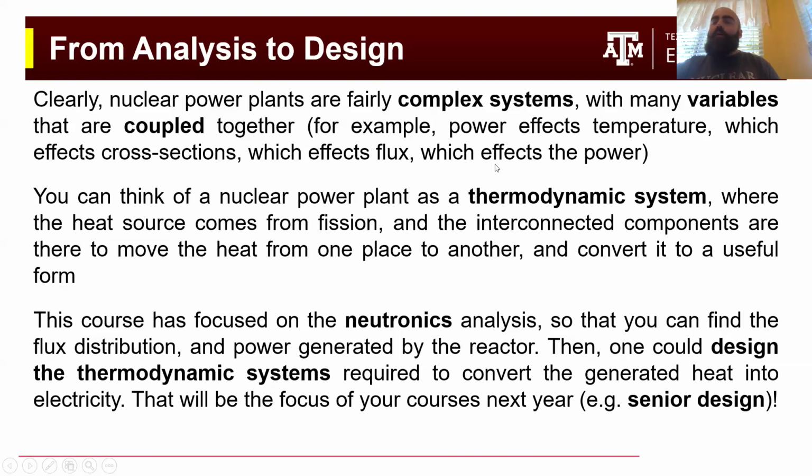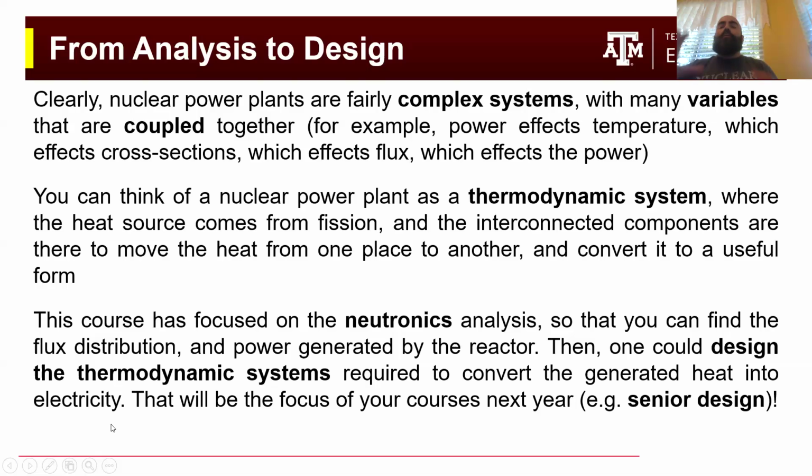So you can think of these nuclear power plants as big thermodynamic systems where you are taking heat from fission, using these components to move it and convert it eventually into a useful form like electricity. So in nuclear reactor design in this course, we mostly focus on neutronics. You can use your neutronics to find your flux distribution and your power generation.